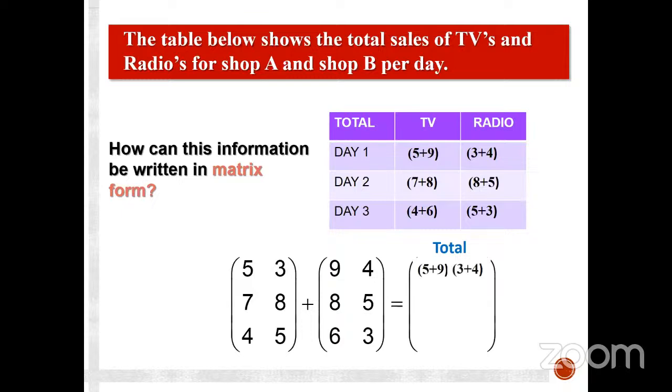So we would have already found our totals, and at the end of this, we would like to know what the total is. What is my total for sales for television from both shops? What's the final total? Television, day 1, both shops.